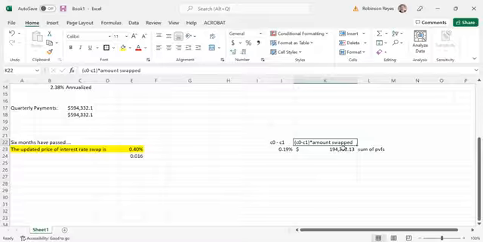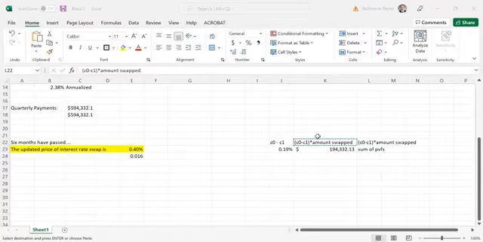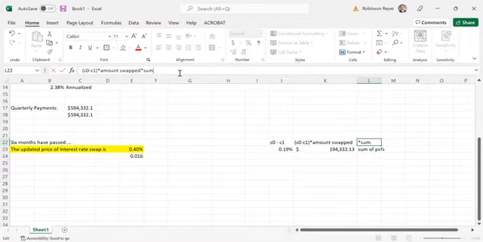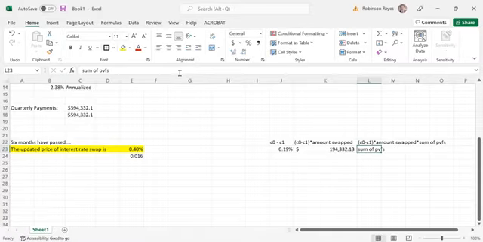So now let me take this formula, and I'm going to say that we are going to multiply this by the sum of present value factors. And that is our final formula that we have. There we go. That is the final formula we have.